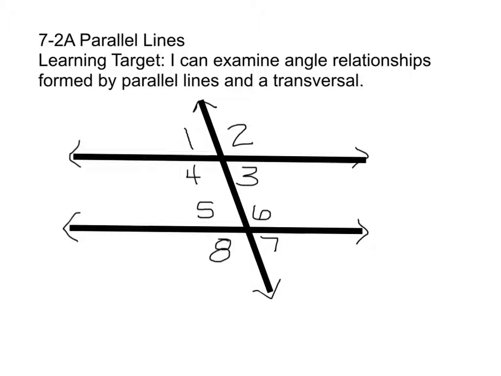When we have parallel lines cut by a transversal, there are some characteristics about the lines that you need to know, which are some of the other definitions. When parallel lines are cut by a transversal, we form several different kinds of angles, and one kind of angle that we form is called interior angles.